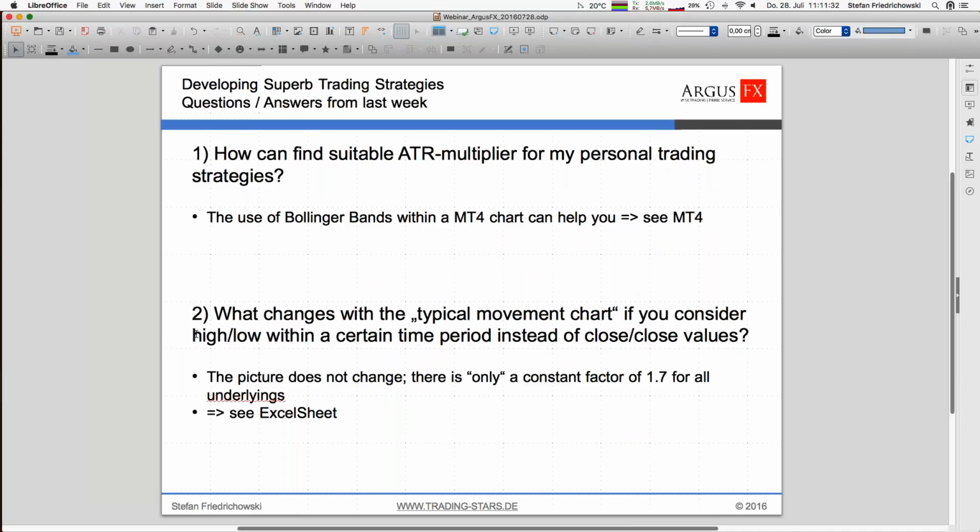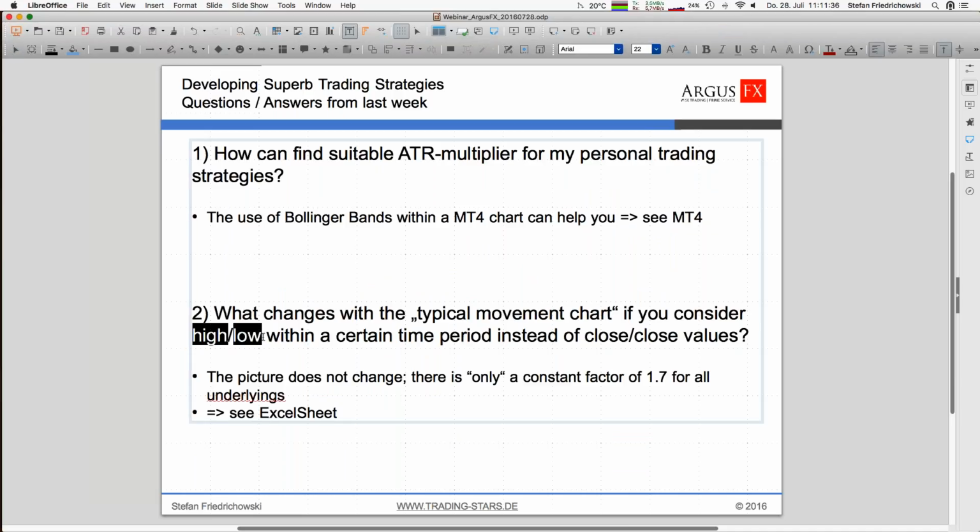What might happen if we look for the typical high-low difference within a certain time period, and not the until now calculated close-to-close values? So what I did was I had two values, the close value of the current candle and the close value of a candle 10 minutes ago, 20 minutes ago, and so on, and I do my averaging.